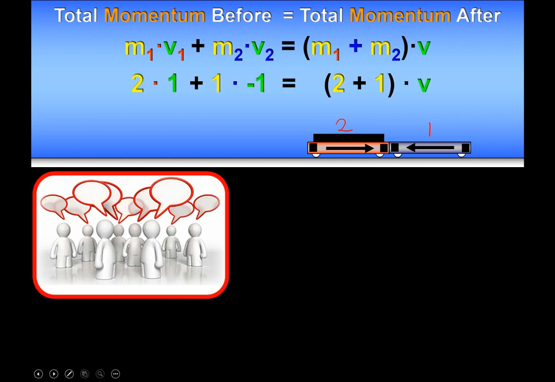So if we look at it, we have our mass of the red car, which is 2 because there's 2 things on it, and it was moving at 1. The mass of the blue car, and again, that negative right there was just telling me it's moving to the left, like the arrow on the blue. And when it's stuck together, it now became 3.